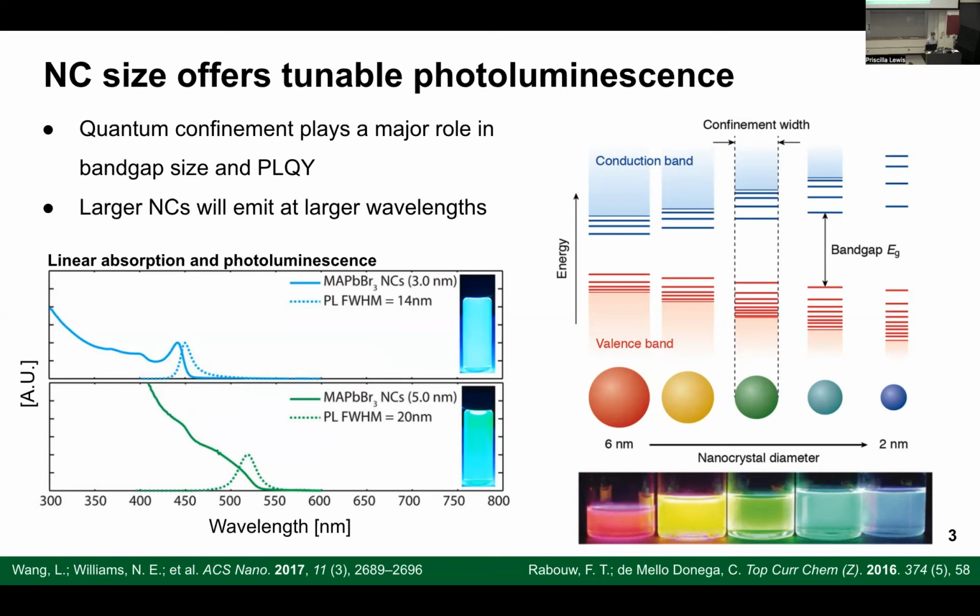This is something that we see experimentally. Here in blue at the top there, we see that methylammonium lead bromide nanocrystals with a diameter of 3 nanometers typically absorb and fluoresce at around 450 nanometers. But if we are to increase their size a little bit to 5 nanometers, we see that they absorb and emit at around 500 nanometers.